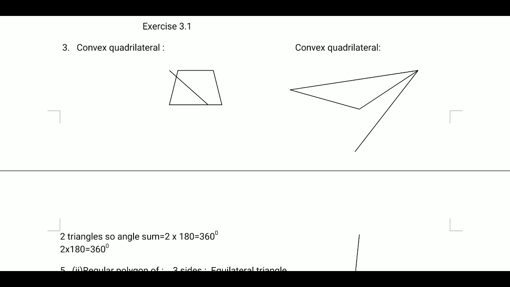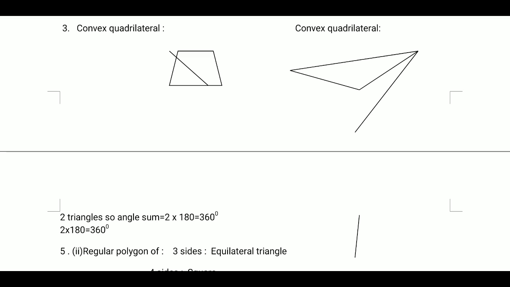In this the diagonals will be within it, and if we draw this concave quadrilateral, this is concave, not convex, and if this side is connected here, we get its diagonal, one diagonal is outside of it.